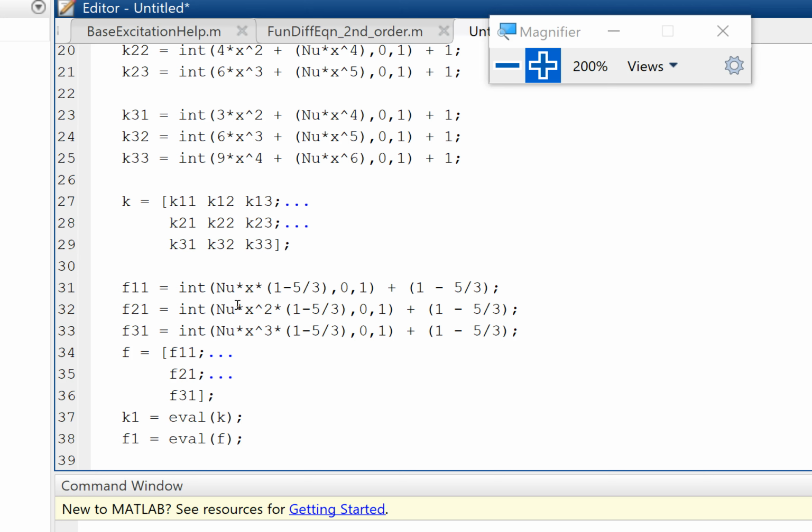And if you notice, I have K1 and F1. They're evals. I'm evaluating those matrices with the X. That's fine. Then keep going to solve for the constants in our equation.